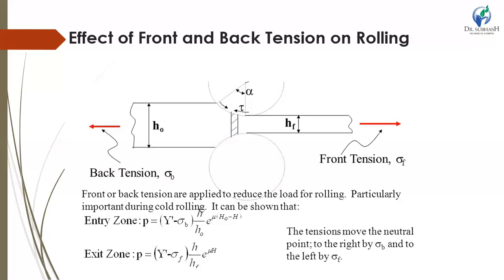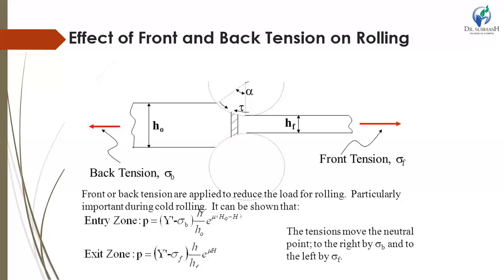Due to this, the compressive stress required to deform the material practically becomes smaller. As the process requires high roll force, tension is particularly important in rolling of high strength materials.